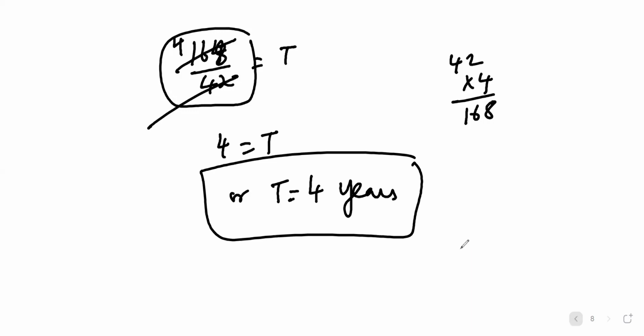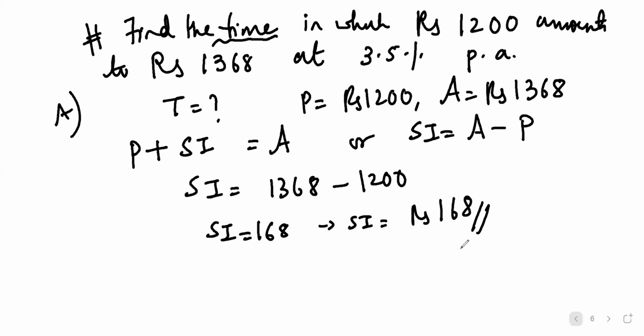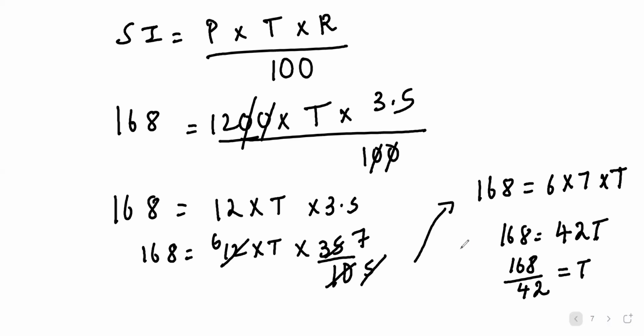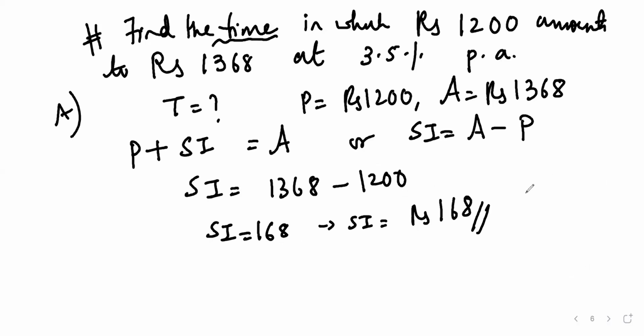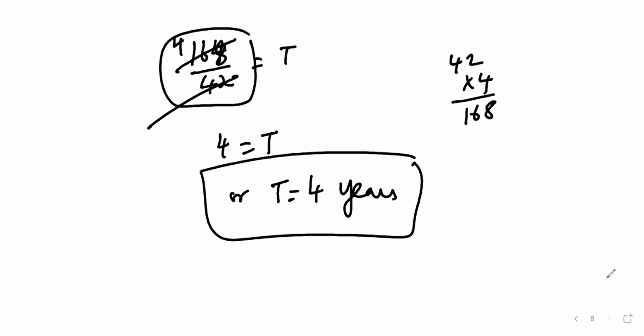So this is a question where time is asked, right? In the same manner, suppose rate percent or rate of interest is asked, you'll be able to find it out, or if principal is asked. So in this formula, we have SI is equal to P into T into R by 100. Amount is P plus SI. Any of the things you may be asked to compute.